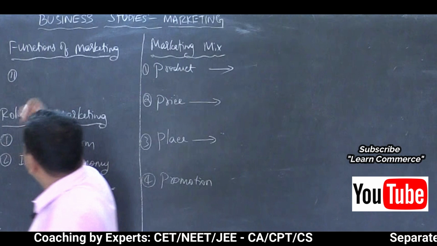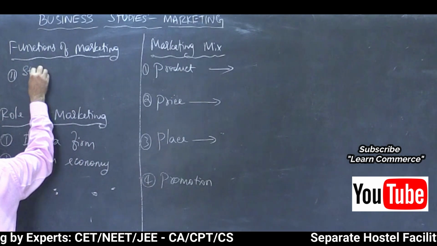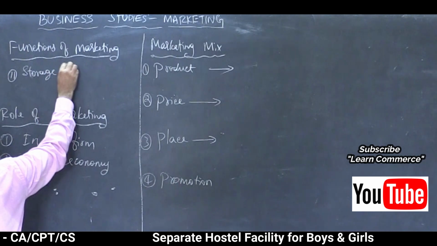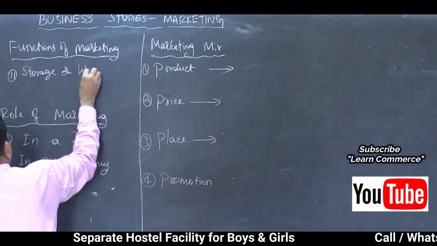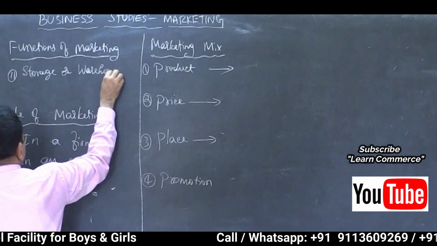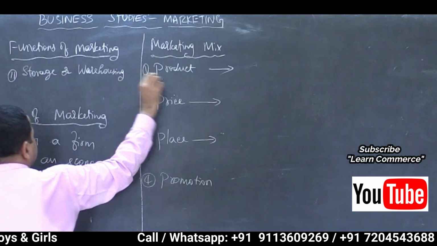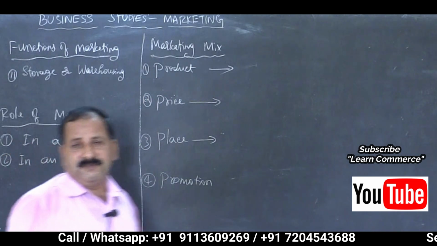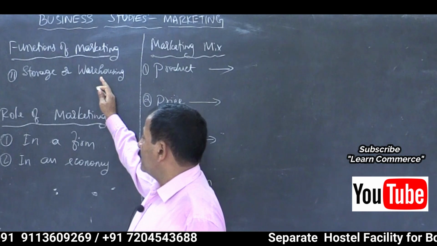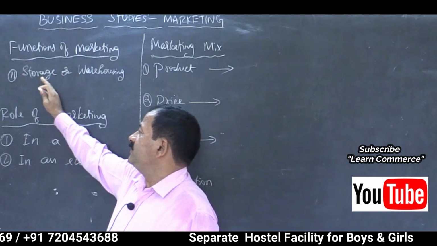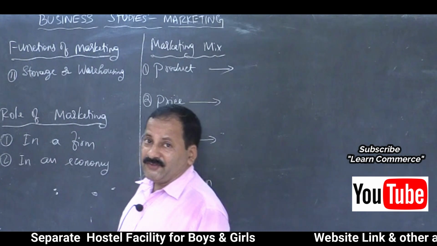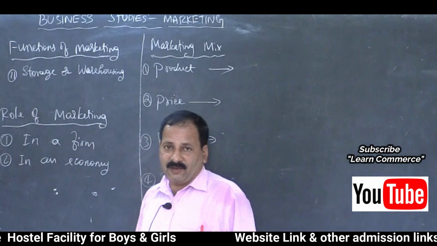Storage or warehousing. Remember friends, it is storage and warehousing actually, because storage and warehousing are two different concepts. Warehousing is broader in concept, that is, the scope of warehousing is wider than storage, and storage is a part of warehousing.